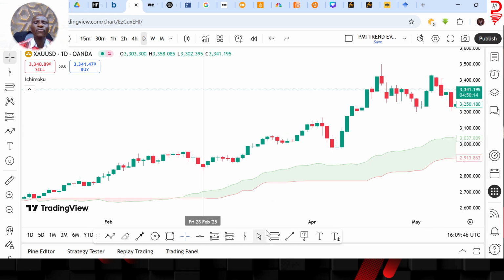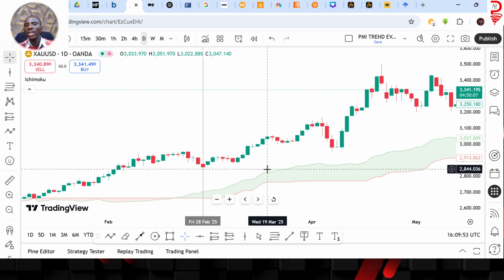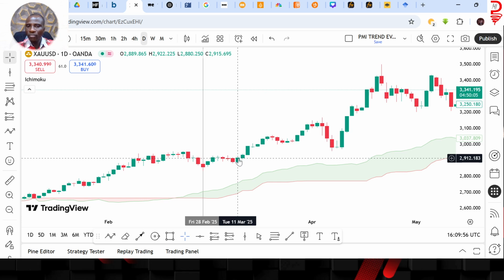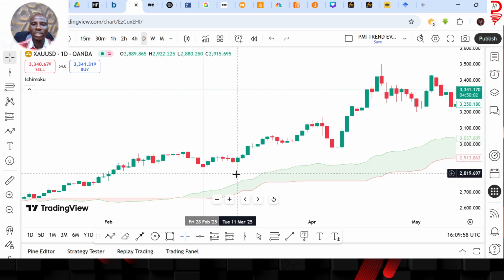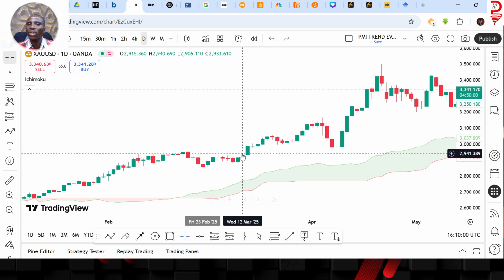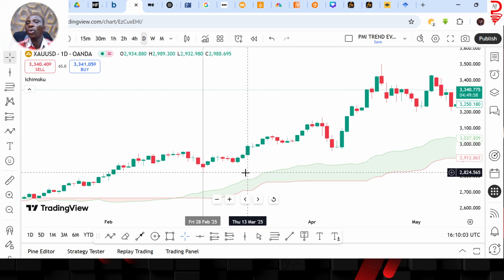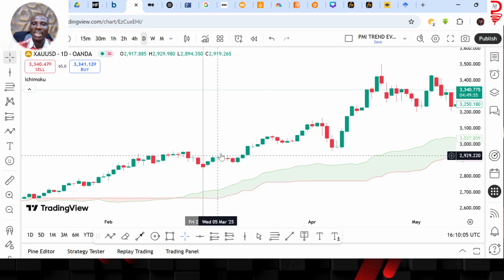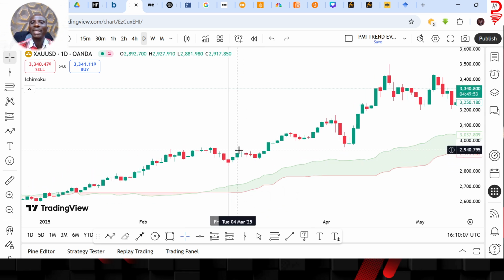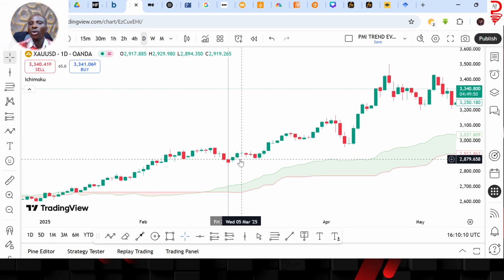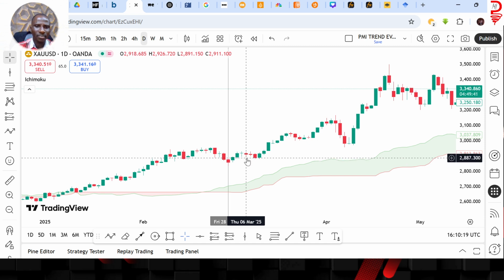Now you are looking for an impulse wave and a corrective wave, and I've explained what an impulse wave means. Before we dive deep into the charting, let me explain what a corrective wave means. A corrective wave most of the time will be exemplified by two or more candlesticks as well, that move in what seemingly does not look like an impulse.